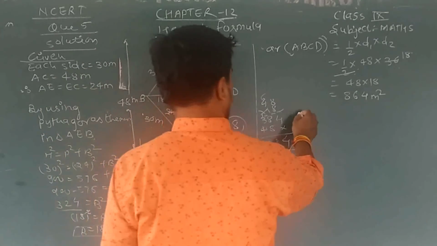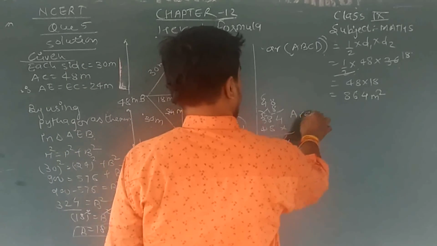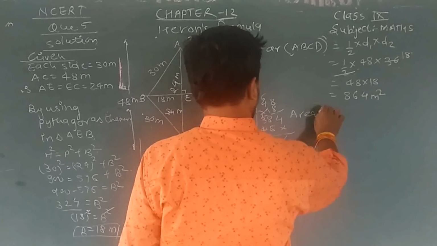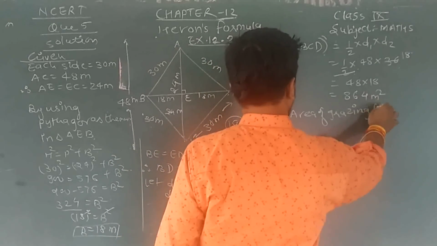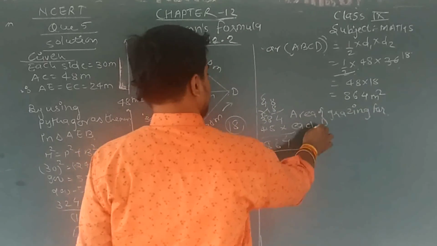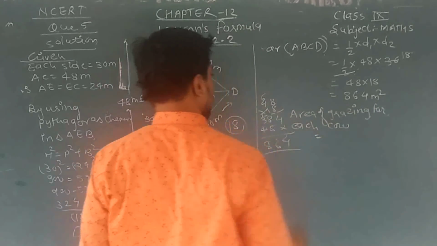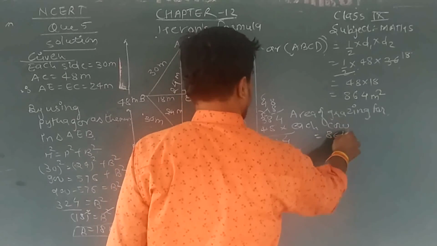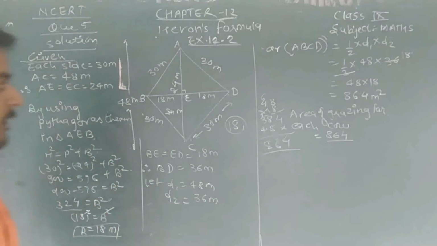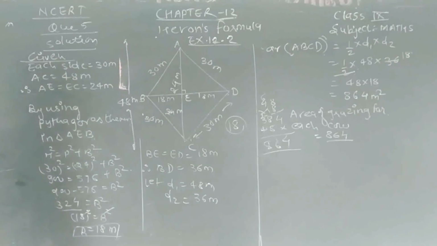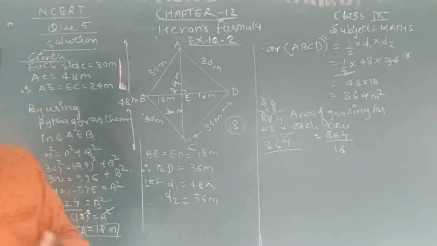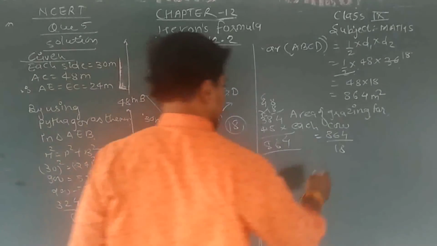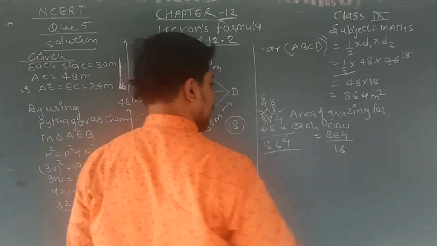And we calculate the area of grazing for each cow, which is 864 divided by 18. Because we have to calculate for each cow, we divide 864 by 18.